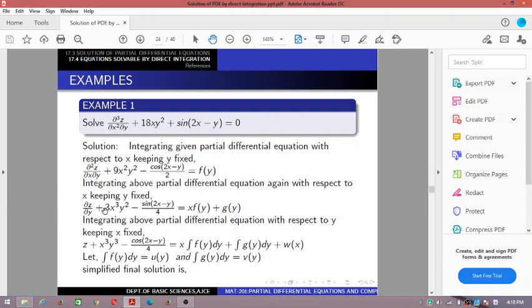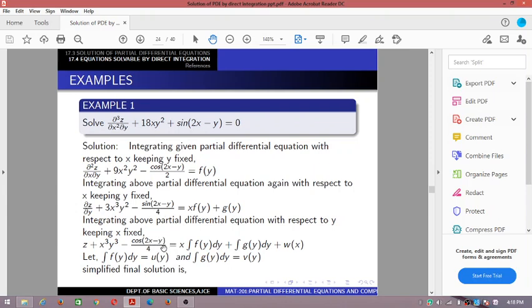One of the 3s from numerator and denominator will be cancelled out, and the term reduces to x³y³, minus the integral of sine, which is minus cos(2x − y) divided by 4, into 1 by the derivative of 2x − y with respect to y.